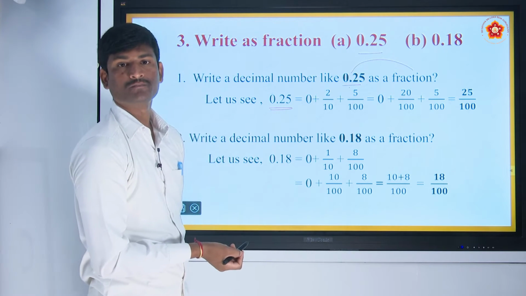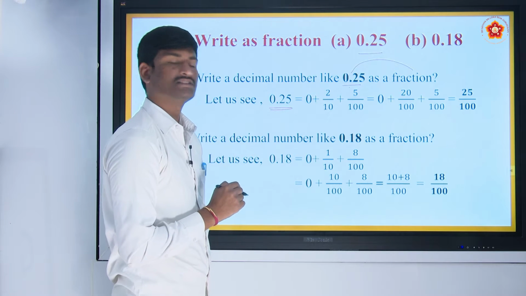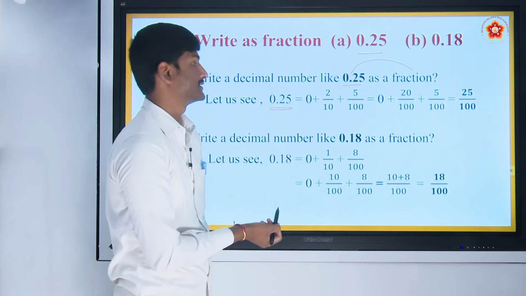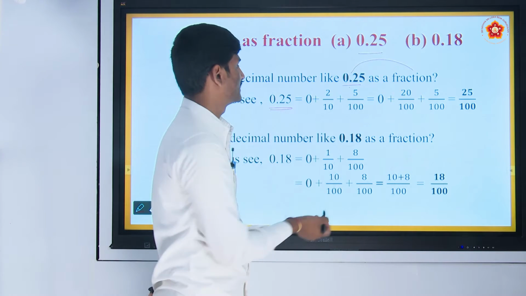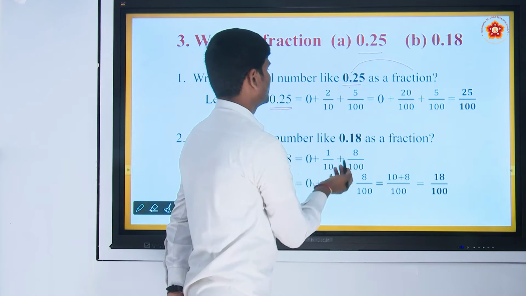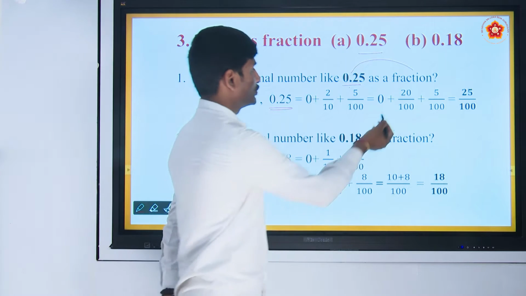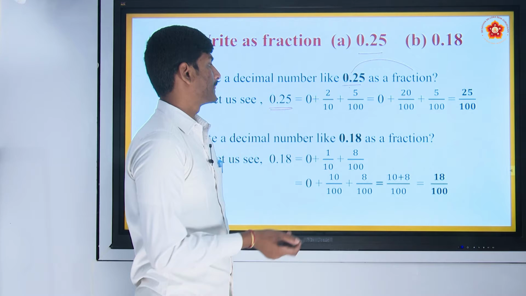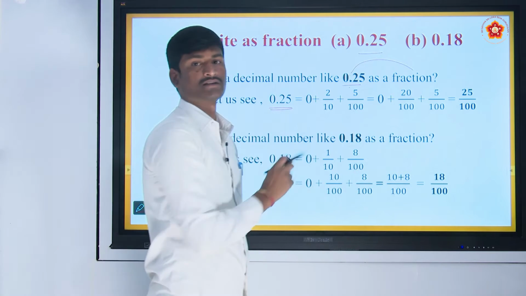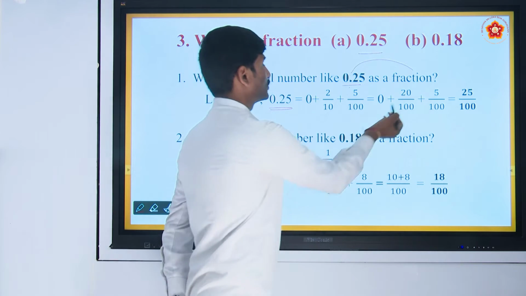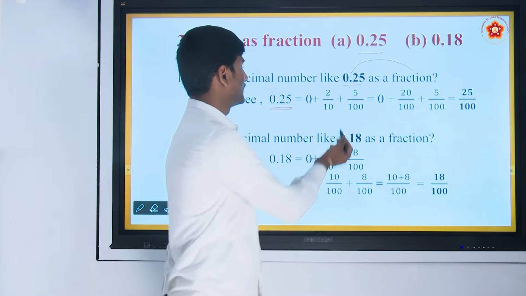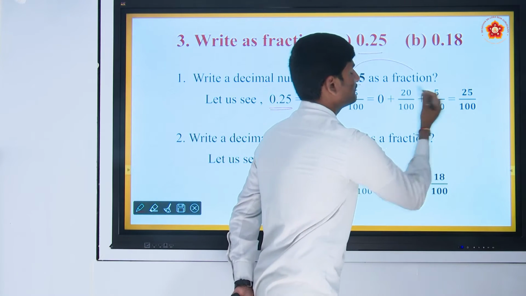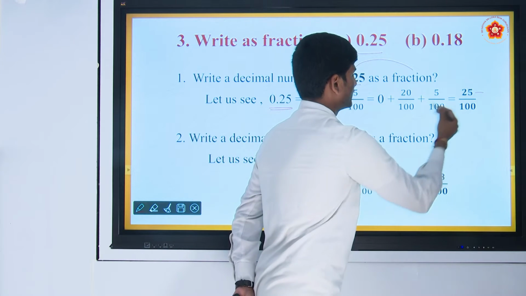What is the place value of 2? That is the 10th place, meaning 2 by 10, plus 5 in the 100 place, 5 by 100. 2 by 10 is written as 20 divided by 100, an equivalent fraction. That is 20 by 100 plus 5 by 100 is equal to 20 plus 5, 25 divided by 100.